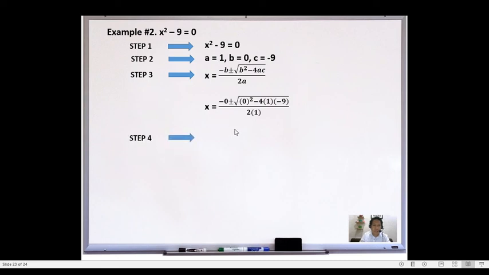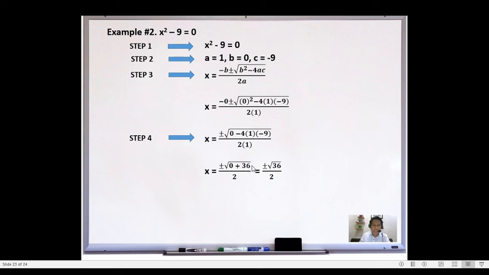So for step number 4, we are going to simplify this one. So x is equal to negative 0. So positive, negative, the square root of 0. So we have 0 minus negative 4 times 1 times negative 9. So let's continue here. x is equal to positive, negative, the square root of 0 plus 0 times 4 times 1 times negative 9.